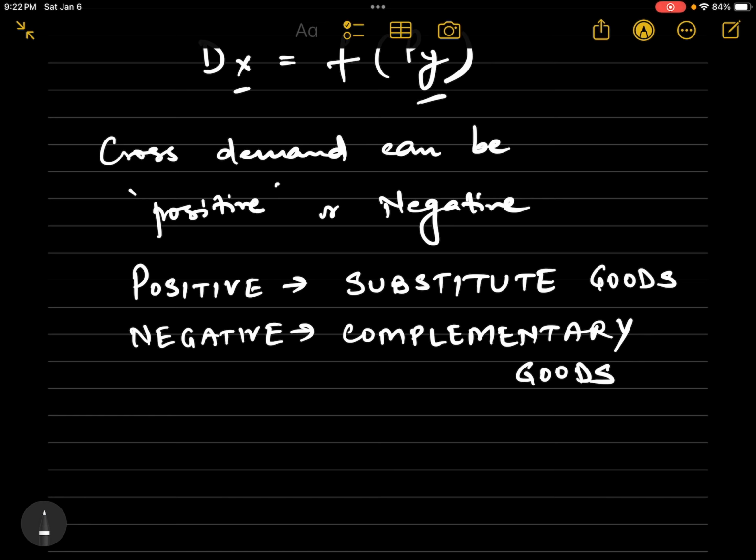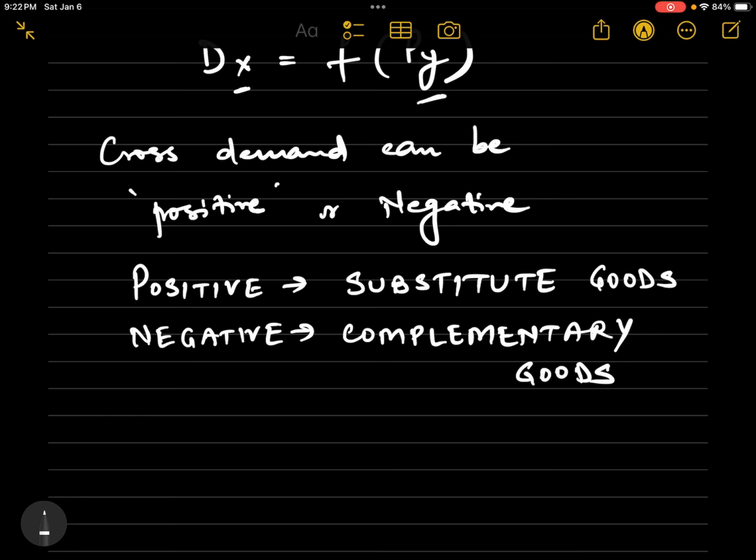Now these two diagrams we studied showed graphs related to demand of a commodity in relation to the price of related goods. In the next diagram, we are going to look into what would be the cross price effect on the demand curve of the same commodity.